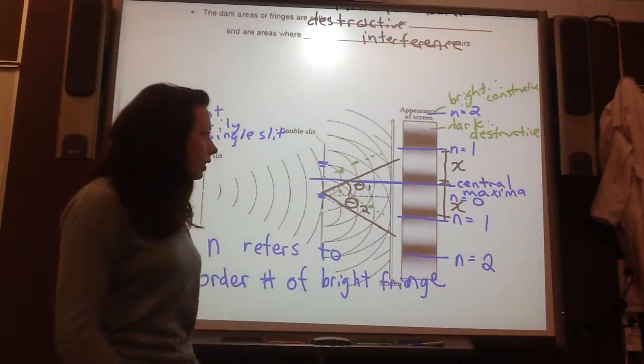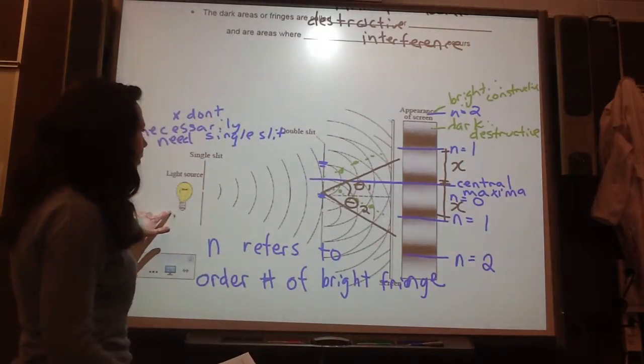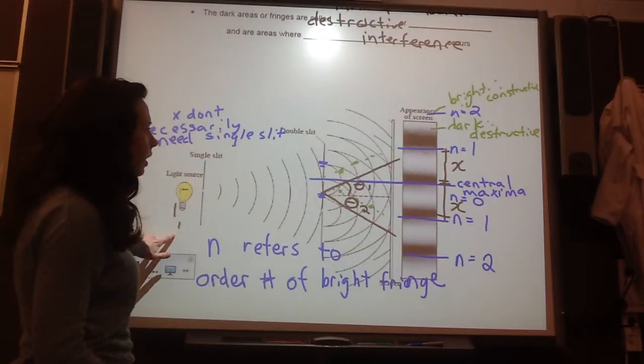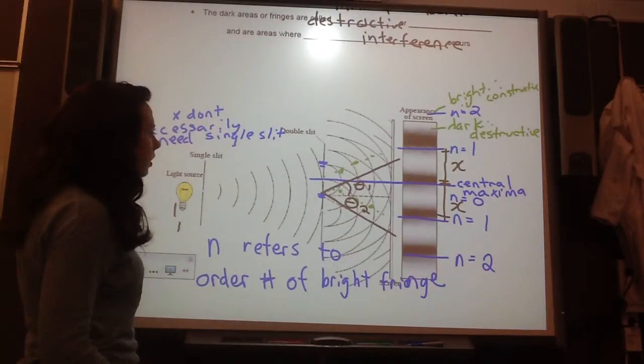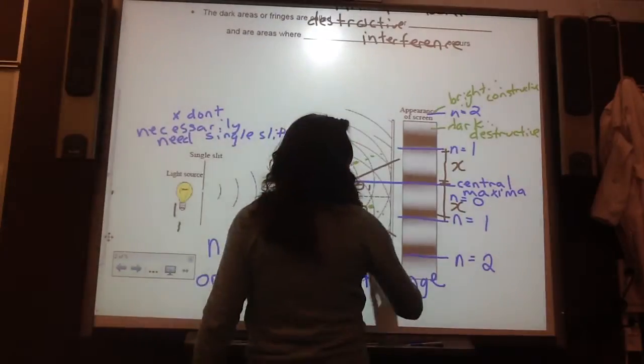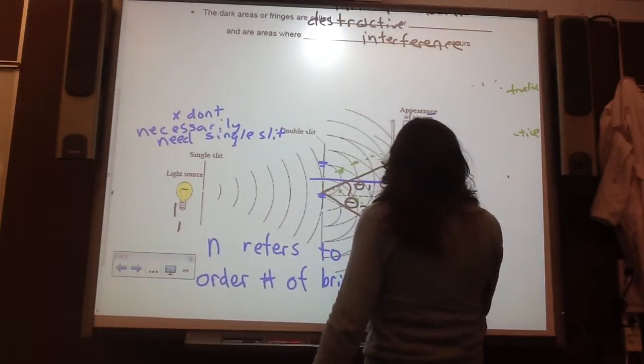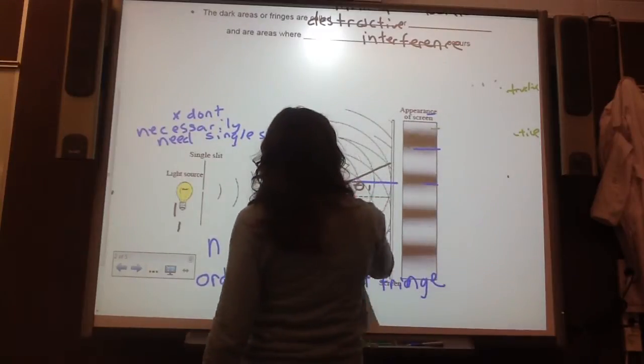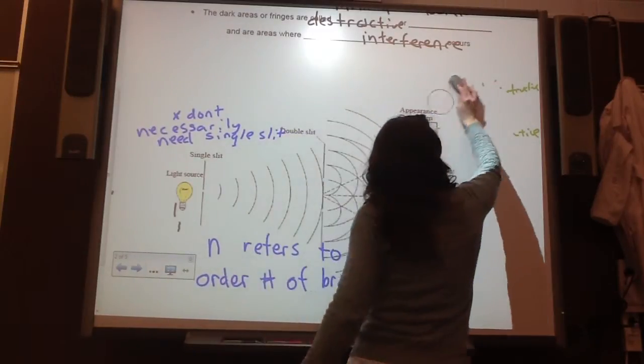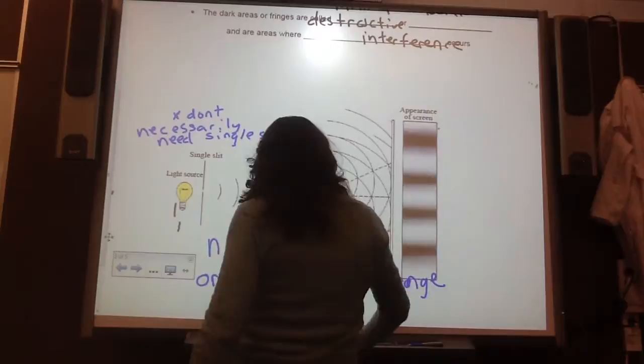N is on the bright. I think that my picture might have shifted. I can just erase it. The N should be on the bright. Yeah, I think my picture shifted a little bit there.